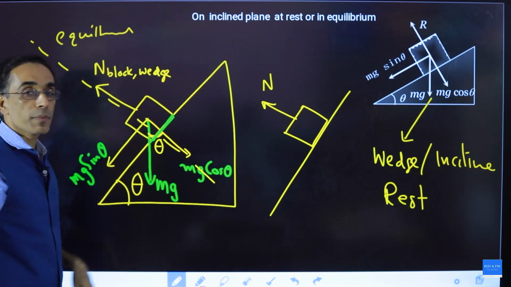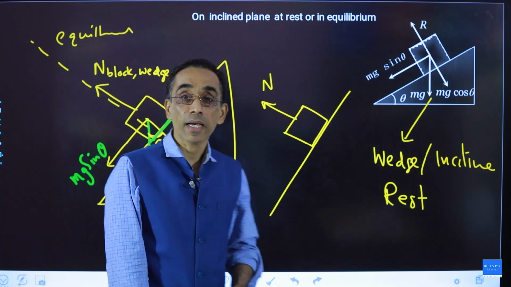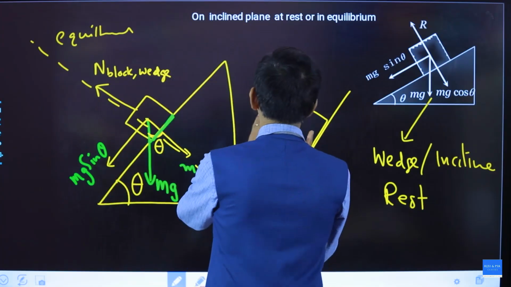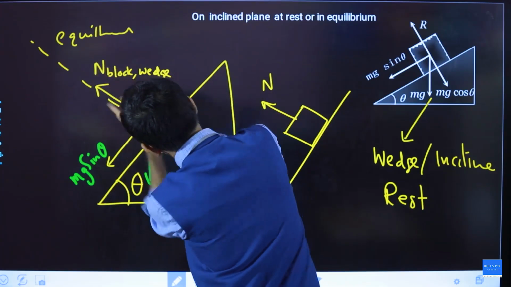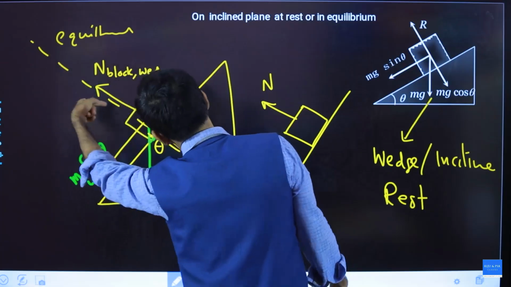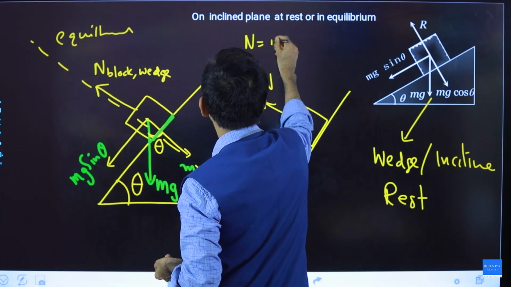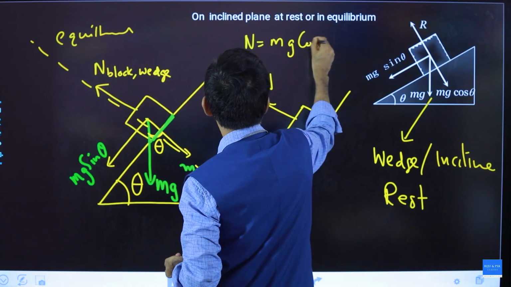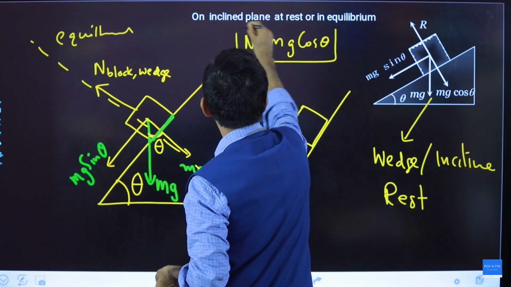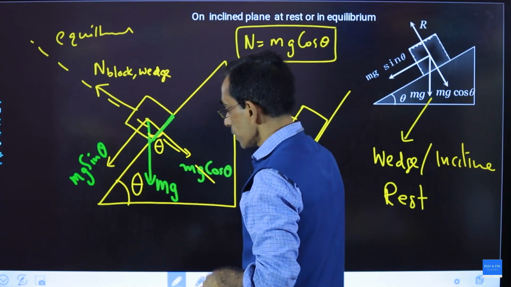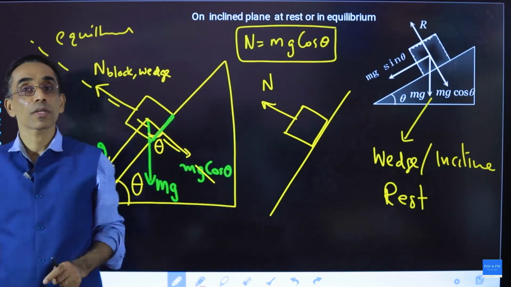The best thing is that you look at the diagram, tilt your head and look in this direction. There is an upward force and a downward force, and they are balanced. So, we can see that N will be equal to mg cos theta. N equal to mg cos theta.